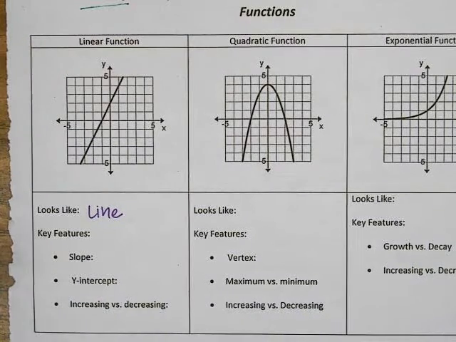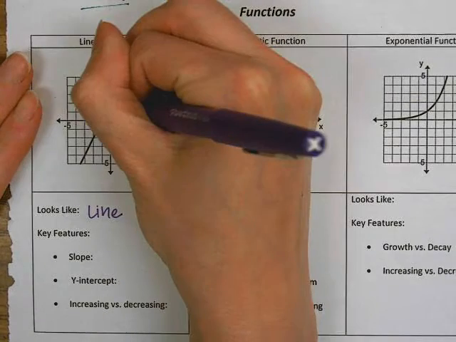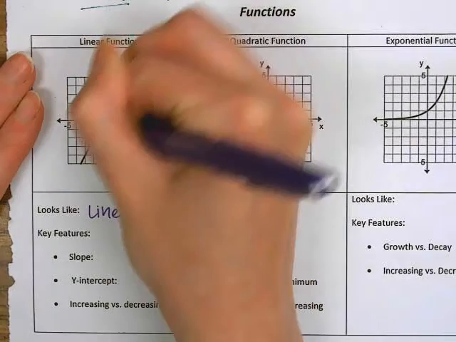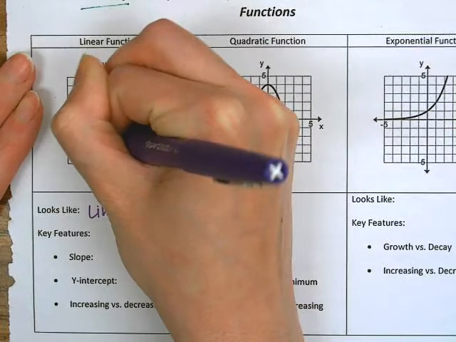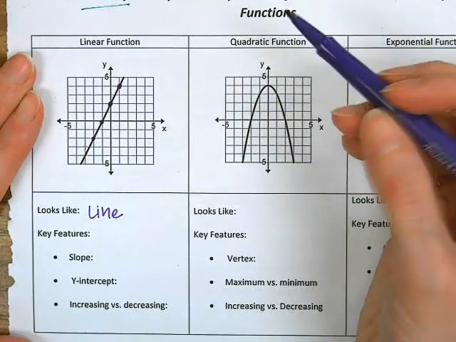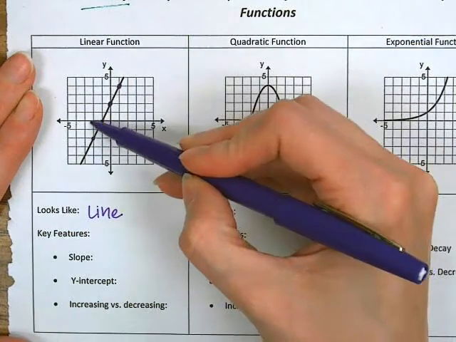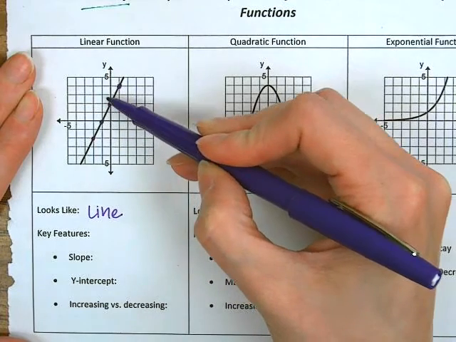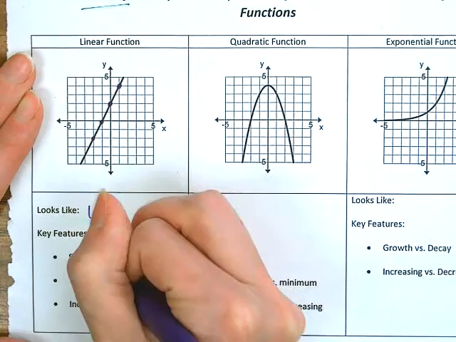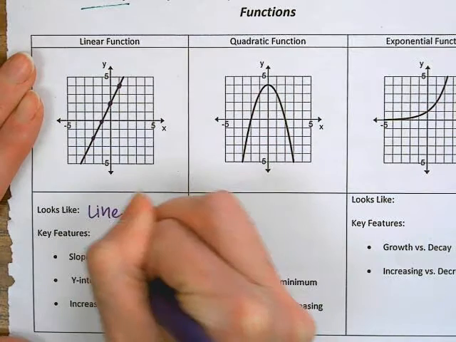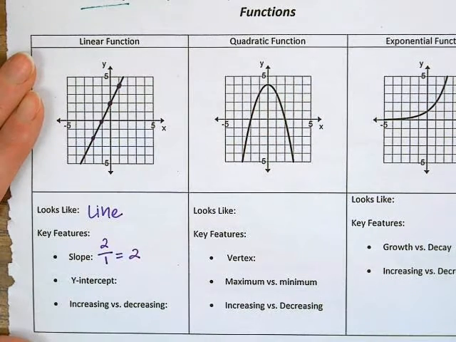The slope. Now the slope, remember you can pick any 2 nice points on the line, and just count rise over run from point to point. So it looks like our slope is up to right 1, up to right 1. Therefore our slope is 2 over 1, or just 2.